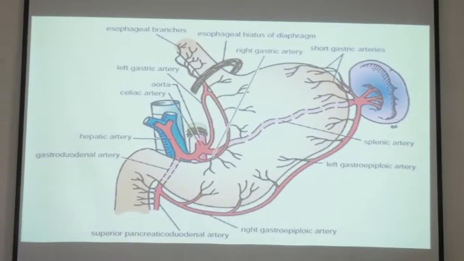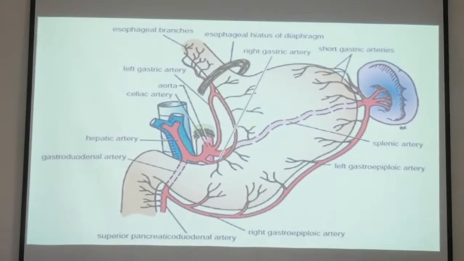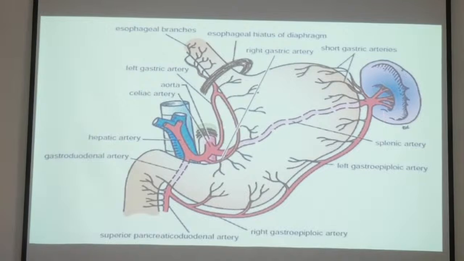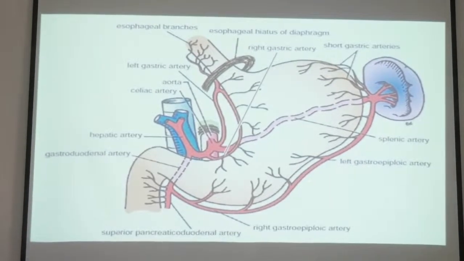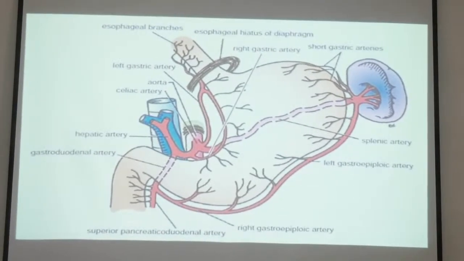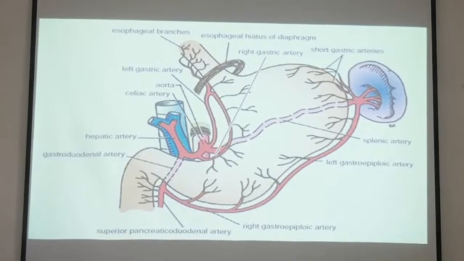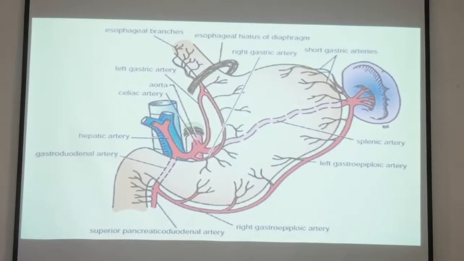Schematic diagram. You can see those arteries, left and right gastroepiploic, splenic, short gastric. Okay, and this is esophageal opening of the diaphragm. Celiac trunk, hepatic artery, gastroduodenal.